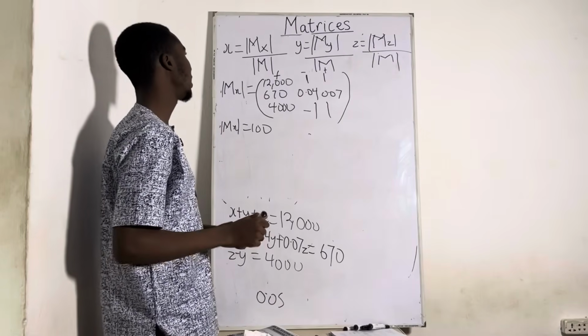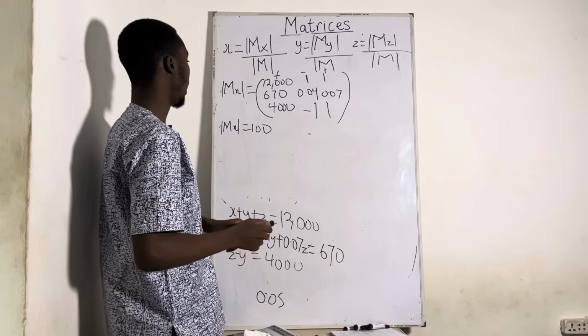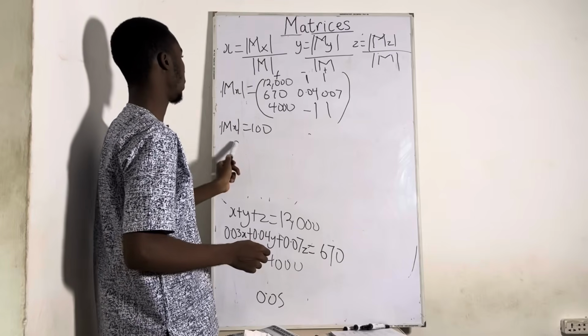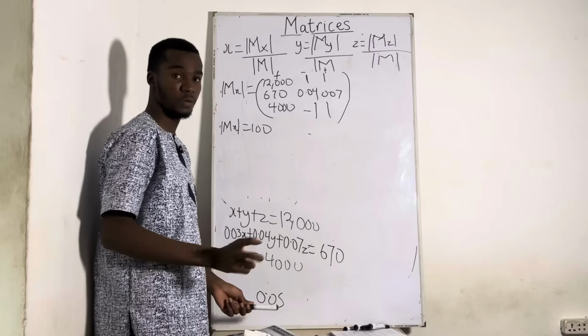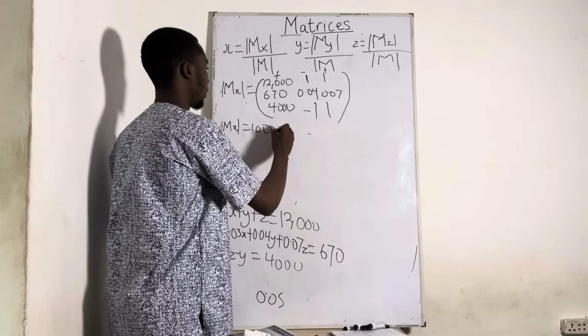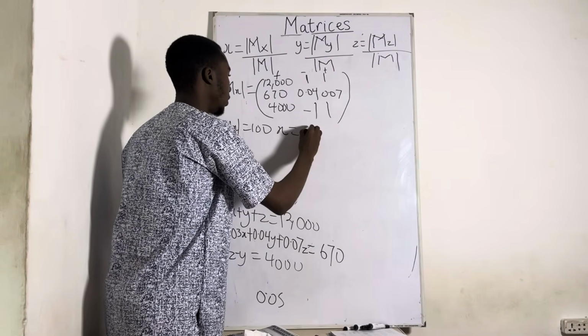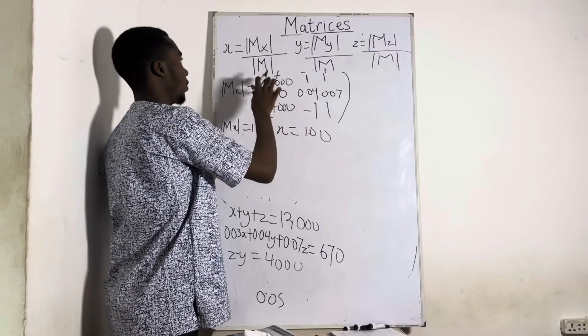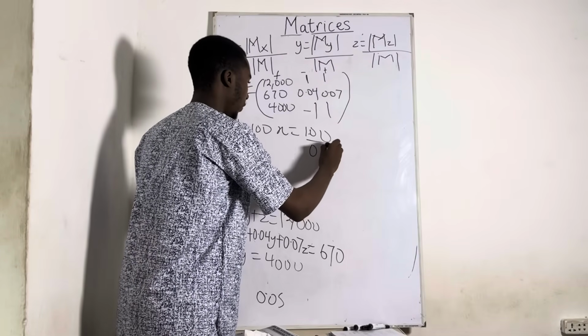But they said to find the X, you get it? To find the X, we are going to divide the 100, which is our matrix X, over the determinant of M. And our determinant of M is what you solved for in C. So 0.05. So X is equal to determinant of matrix X, which is 100, over the determinant of M, which is the answer we got in C, over 0.05.